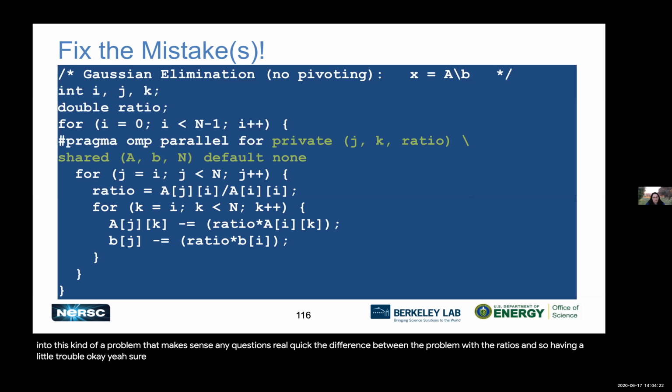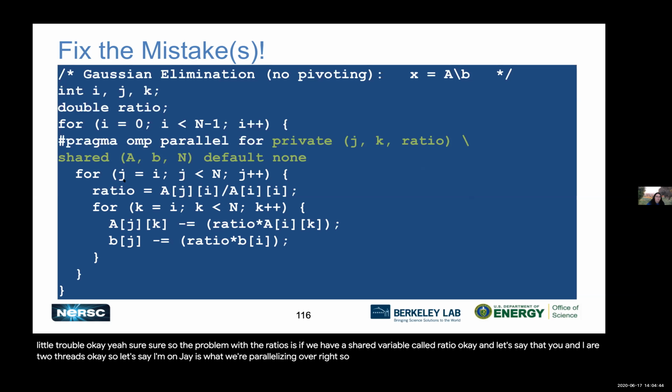Okay, yeah, sure. So the problem with the ratios is if we have a shared variable called ratio, and let's say that you and I are two threads. So J is what we're parallelizing over, right?